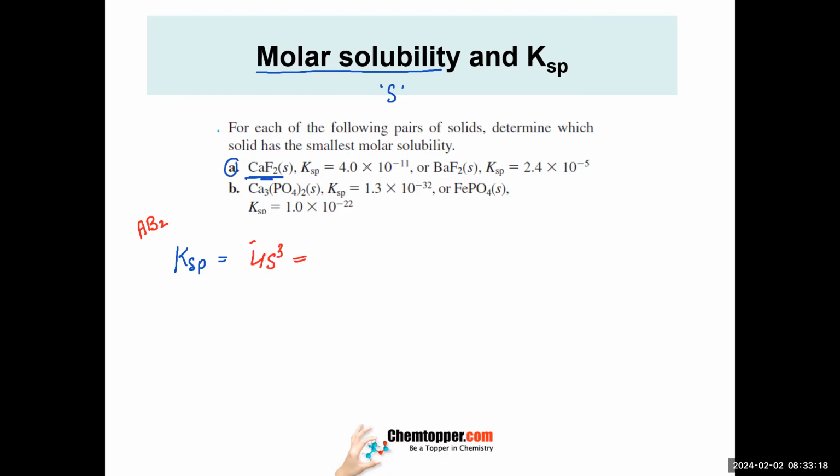Ksp is given. Can you work out S? What is S? Don't make errors in mathematics.